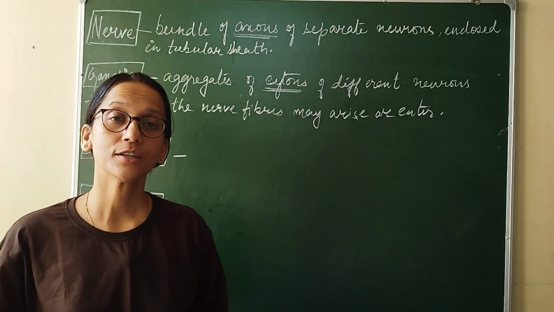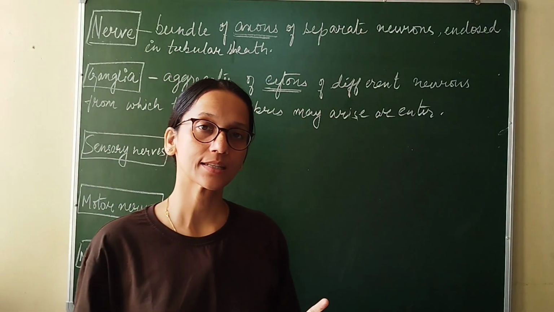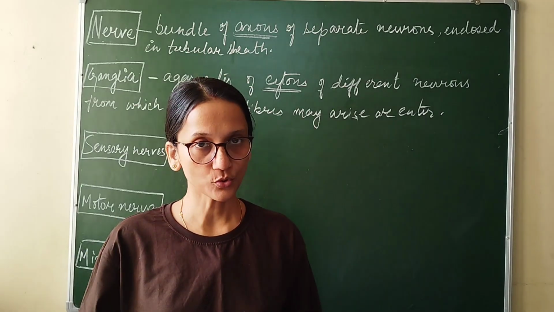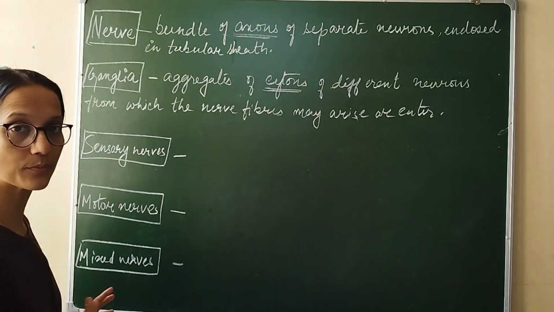Now let us understand different kinds of nerves on the basis of the function they perform. In the last class we discussed that neurons are of three types: sensory neuron, motor neuron and association neuron. Just like that there are three types of nerves.